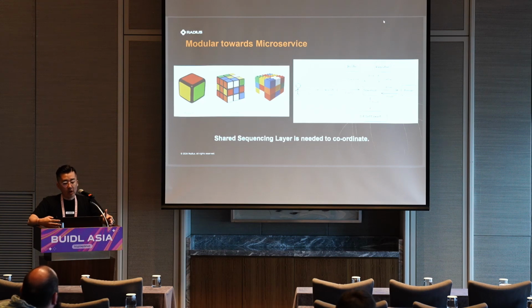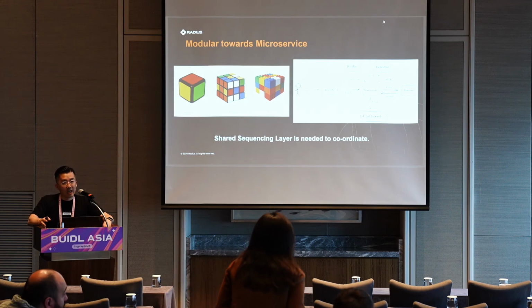I think we need to move on from modular to microservice, which means that with the rollup approach, there will be many more modules than the existing modular architecture, such as builders to extract MEV, and also the executor, which is a stateful node that keeps track of the latest state for rollups.